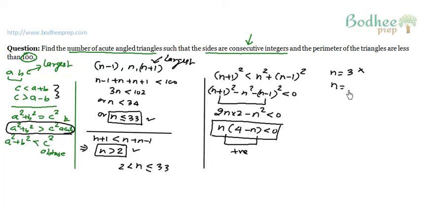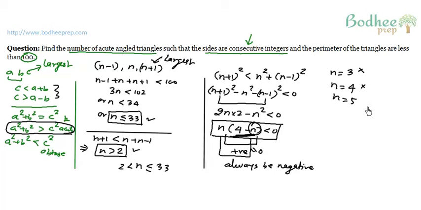Similarly, for n equal to 4, the value will be 0. Again, the triangle is not acute. For n equal to 5 and onwards, we will find that the value of the expression will always be negative. If n is greater than 5, this factor will always be negative, so this expression will be satisfied.